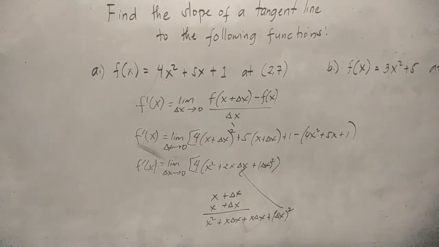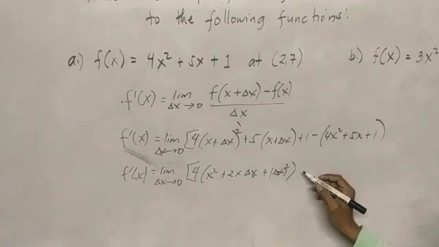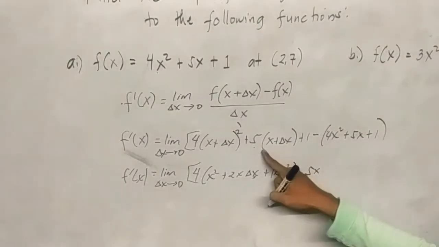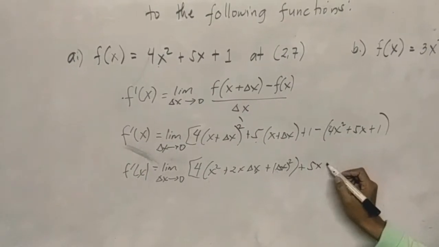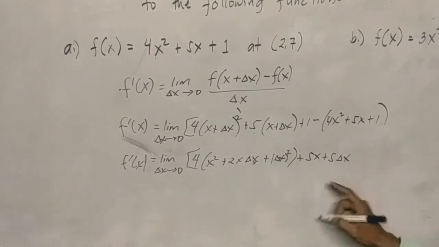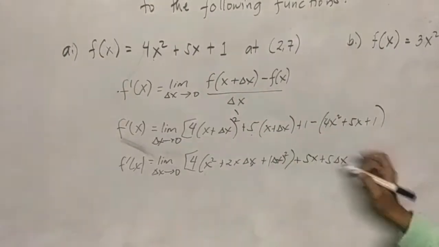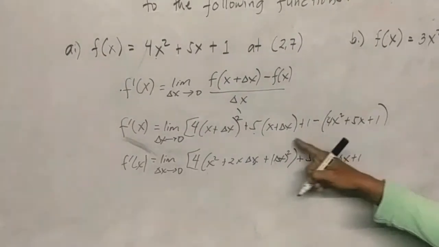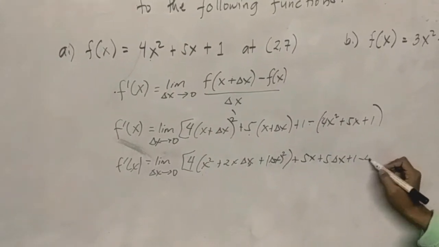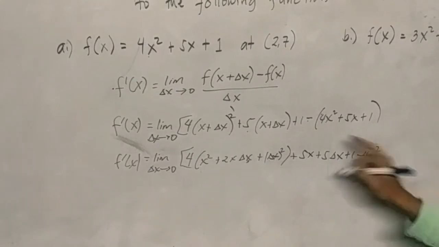Next, okay, the next plus 5 times x, 5x, 5 times delta x is 5 delta x. Okay, next, plus 1. Then negative times 4x squared becomes negative 4x squared.